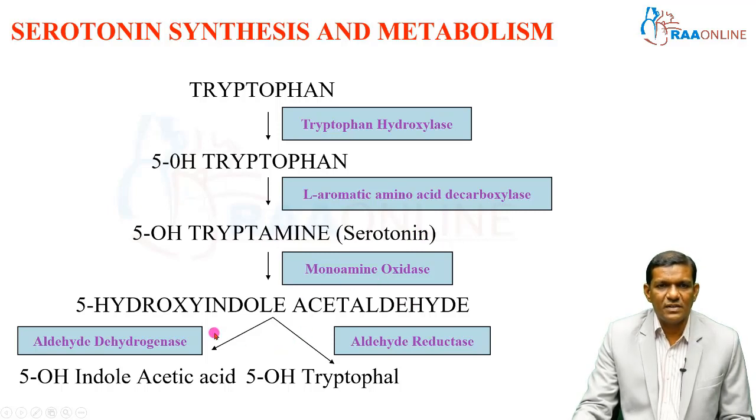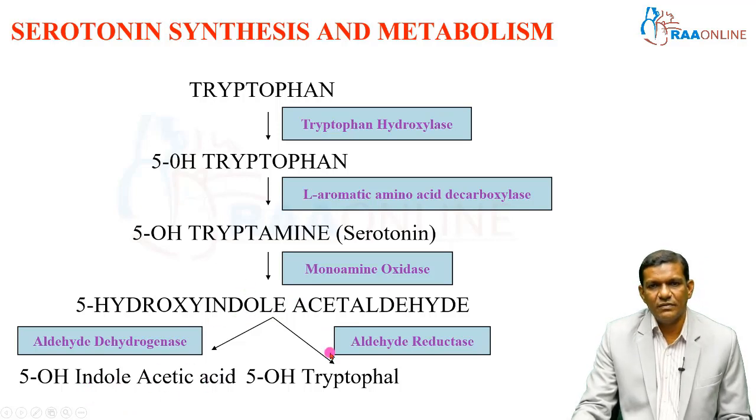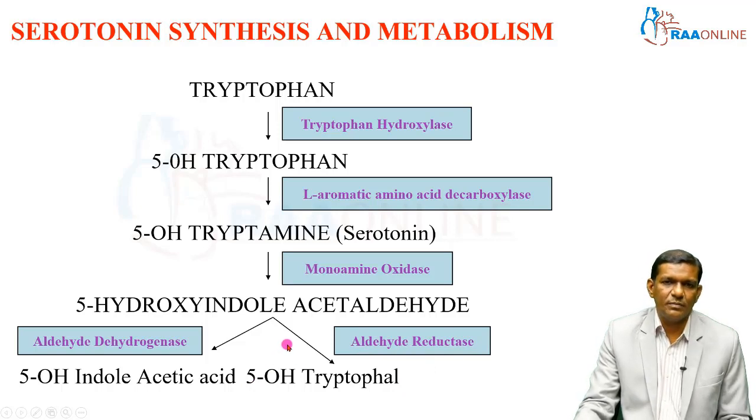The major pathway goes through the enzyme aldehyde dehydrogenase, with an intermediate aldehyde, and finally it gets converted to 5-hydroxy-indole acetic acid. Whereas the minor pathway, through aldehyde reductase, forms 5-hydroxytryptophol. So this is the important metabolism of serotonin.